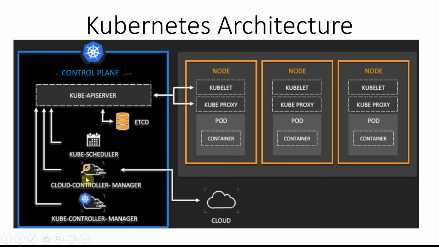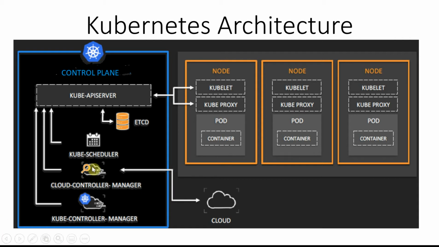When you have to talk to the cloud, there's another component called the cloud controller manager, which also talks to the API server. If you're using Google Cloud, Azure, or AWS, I'm talking about the Kubernetes component equivalent.